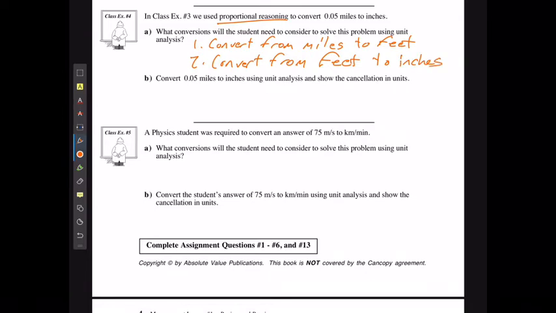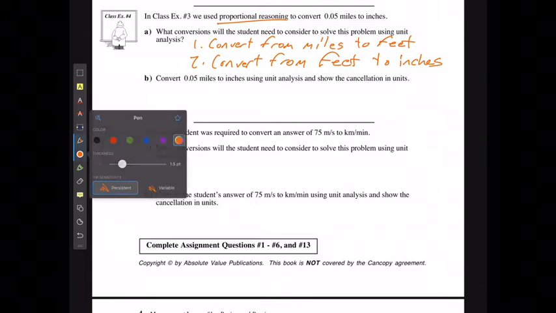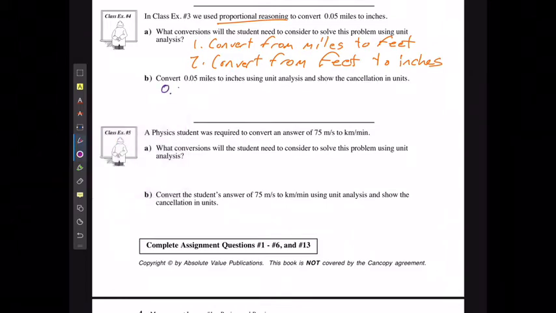So I start out with my original unit, 0.05 miles over just 1. I'm going to multiply that by, there is 5,280 feet over 1 mile.